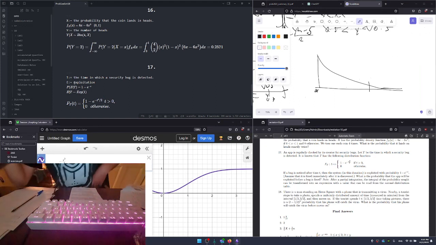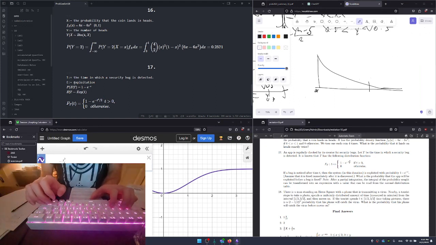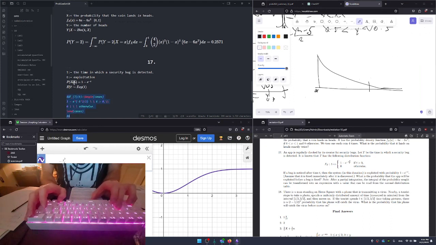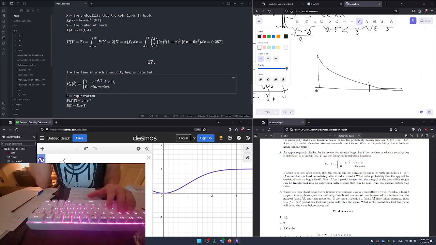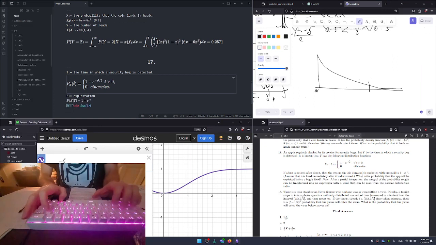So what is it asking for? Let's take this and put it at t, and E is exploitation. And the probability given the time t is exponential of 1. And what is the probability that it will be exploited before a bug is fixed? Oh, so we have E given t. Given the time t, the exploitation follows this distribution. So this is before a bug is fixed.